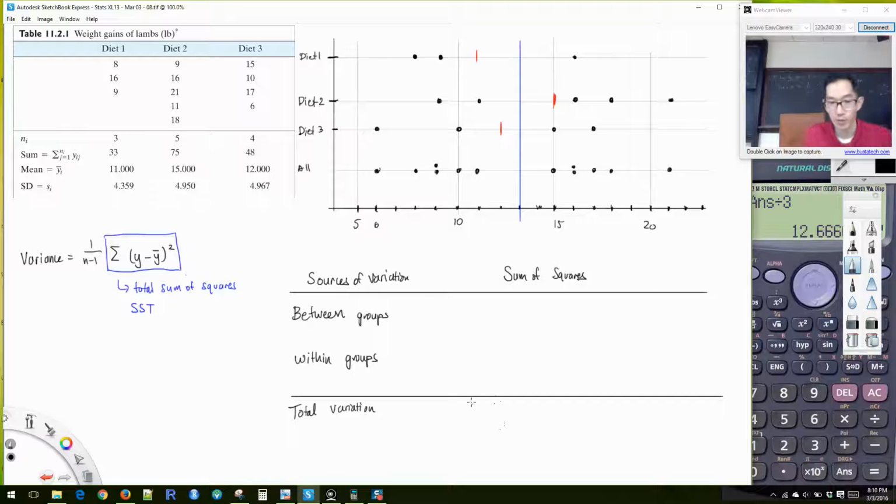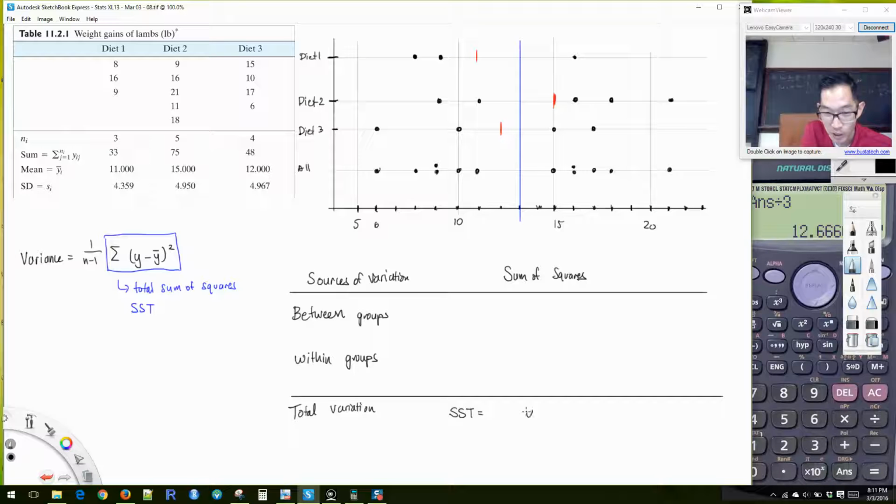And so for our total variation, the sum of squares total, you can think of this as our definition of variance in the context of what we're doing here.